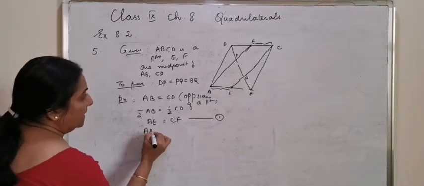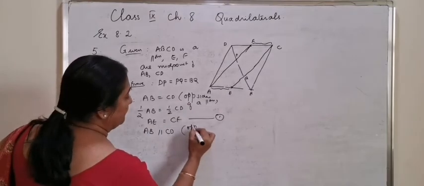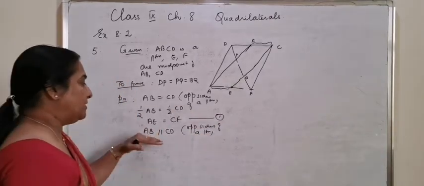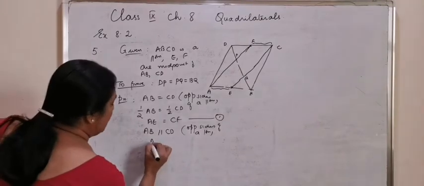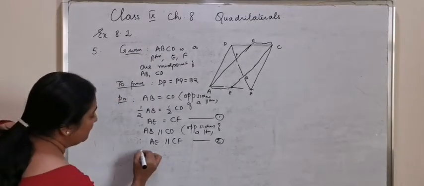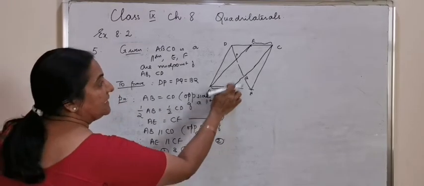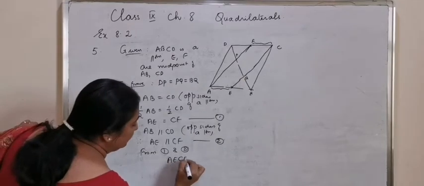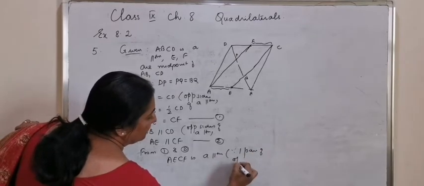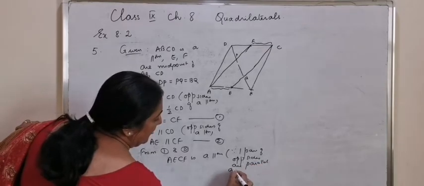Then AB parallel to CD, opposite sides of a parallelogram. Therefore, a part of it, no need to write half AB, a part of it AE is also parallel to CF, equation number 2. From 1 and 2, AECF is a parallelogram. Reason: since one pair of opposite sides are parallel and equal.